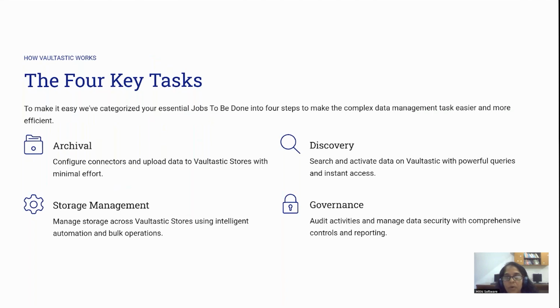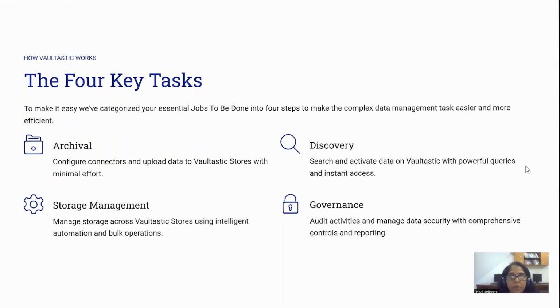Once it is all on Vaultastic, you need to be able to search through it quickly and give the stakeholders the data they require in good time. The third is storage management, and how you manage the storage usage on all the Vaultastic stores. And finally, the governance of the usage of Vaultastic.